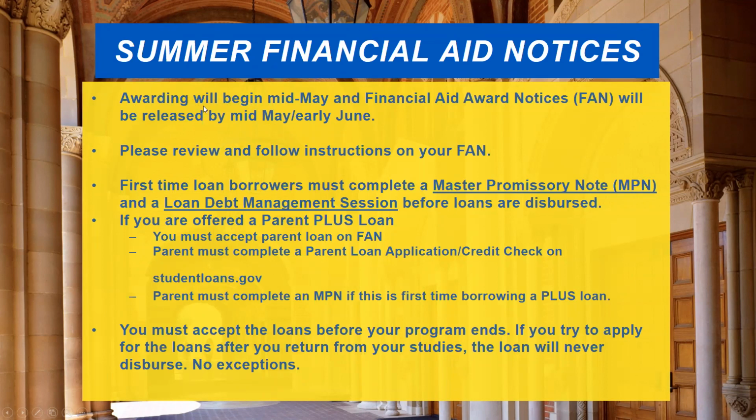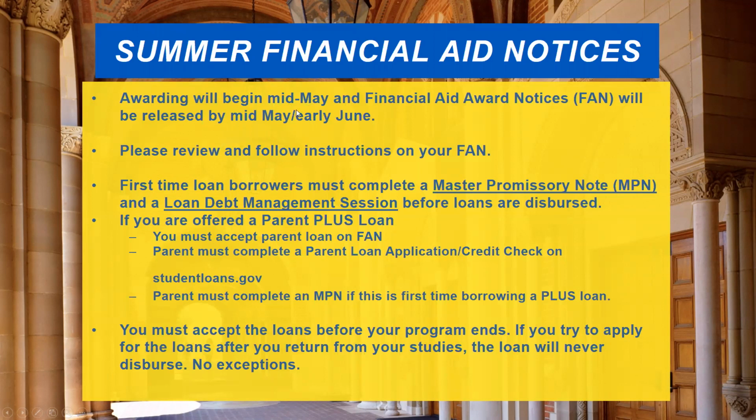And remember, that's why we wanted you to have all your documents turned in by the end of, I think it was, April the 8th. We need you to have all your documents in so that we can go ahead and start. We'll officially start awarding and processing in mid-May.